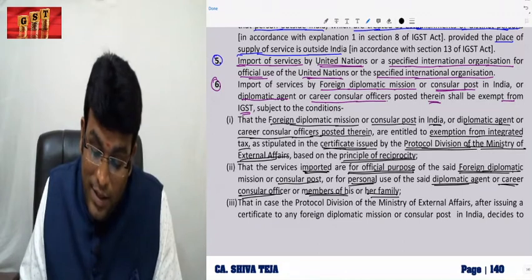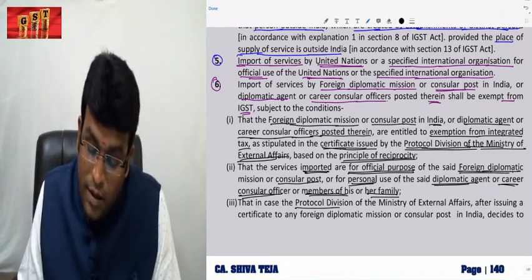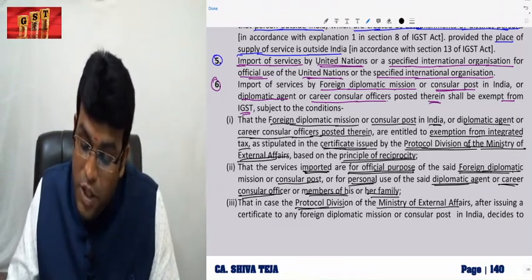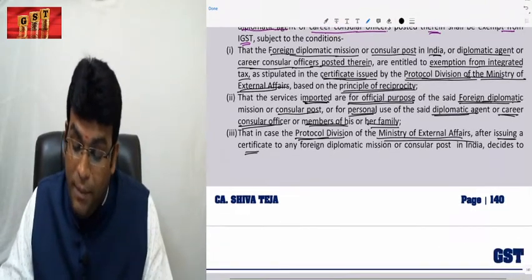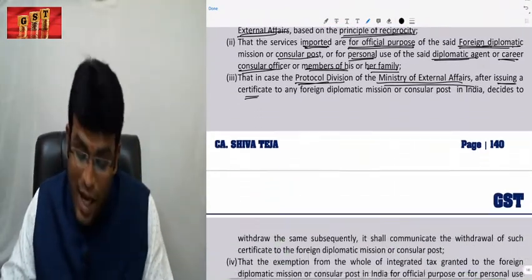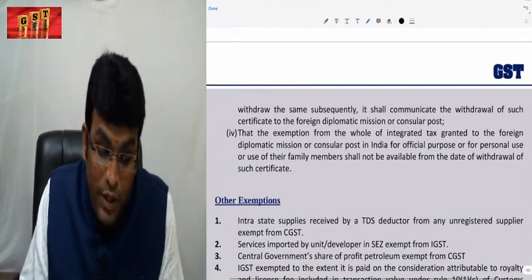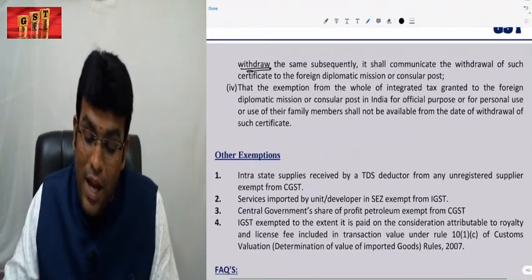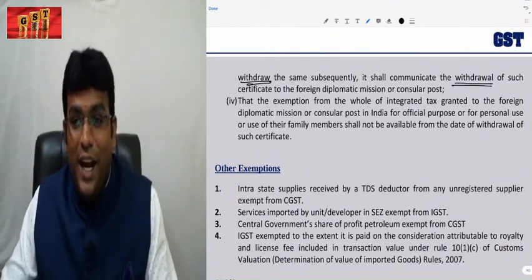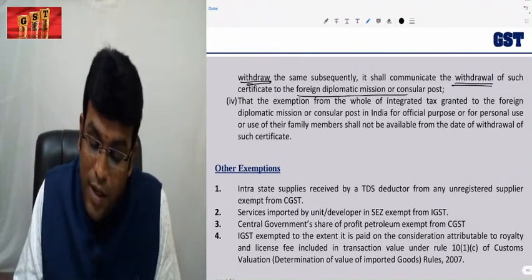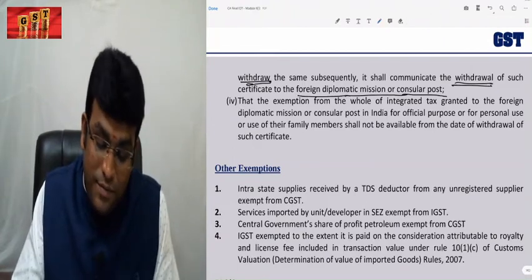Then, in case the Protocol Division of the Ministry of External Affairs, after issuing a certificate to a foreign diplomatic mission or consular post in India, decides to withdraw the same subsequently, it shall communicate the withdrawal of such certificate to the foreign diplomatic mission or consular post.